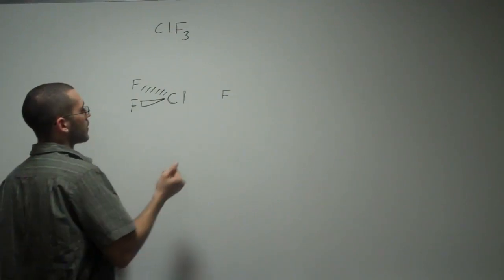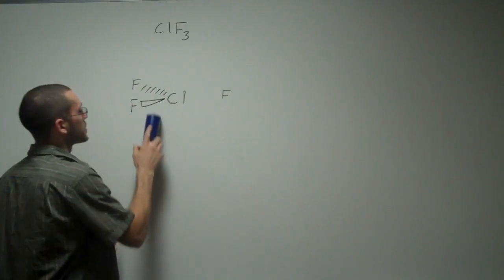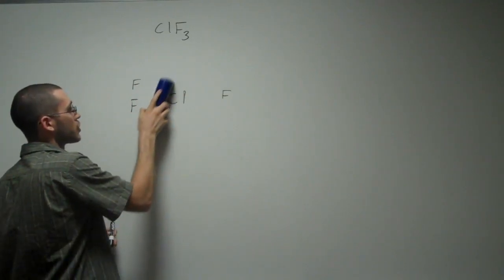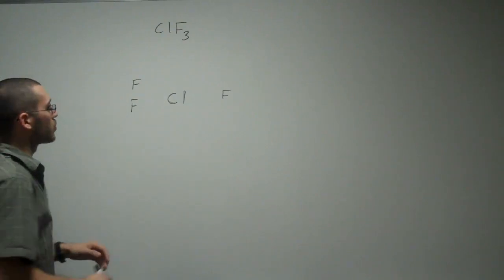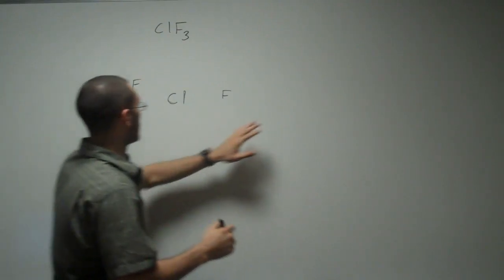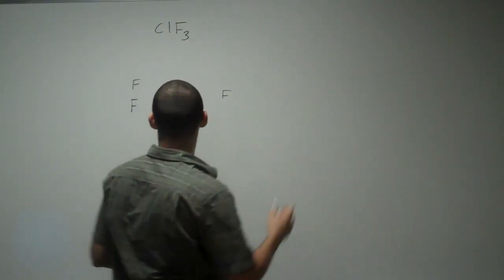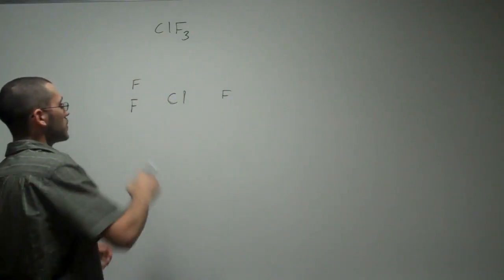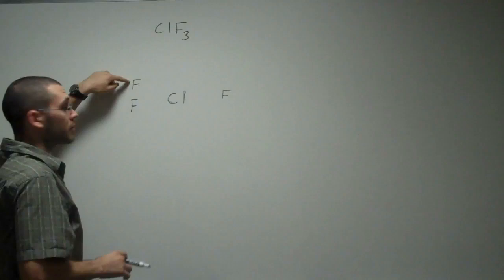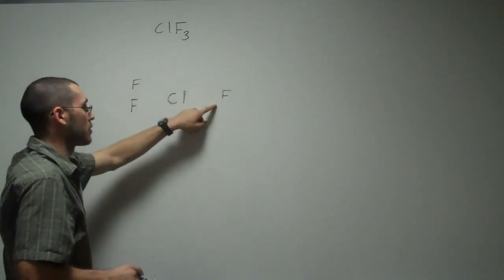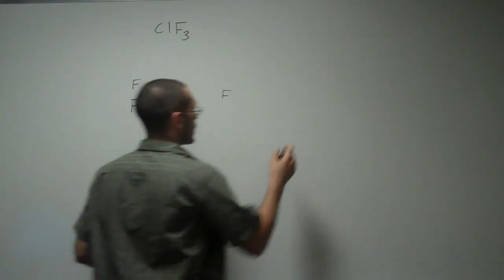Okay? I'm going to erase these bonds for just a second. That's just to show you where they are. In order to make the Lewis dot structure, we need to take a look at our electrons. How many valence electrons would this whole molecule have? 7 come from the fluorine, 7 fluorine, 7 fluorine. 7 come from the chlorine.